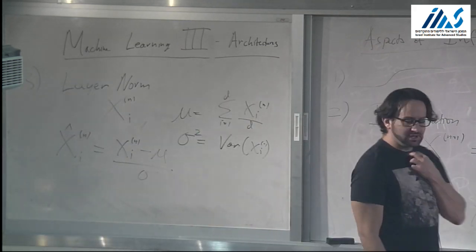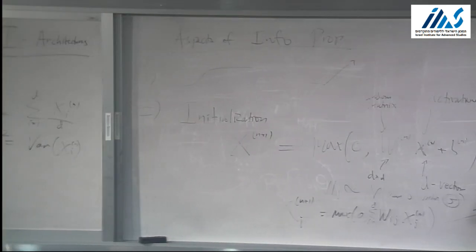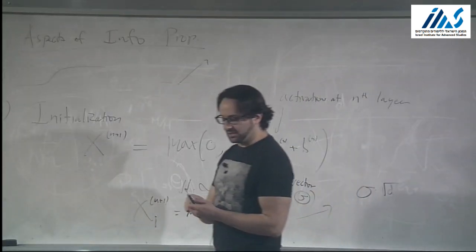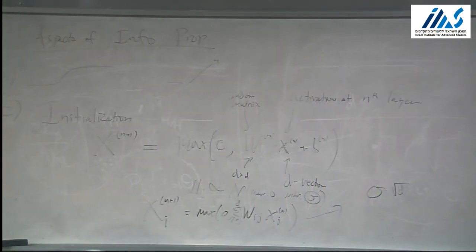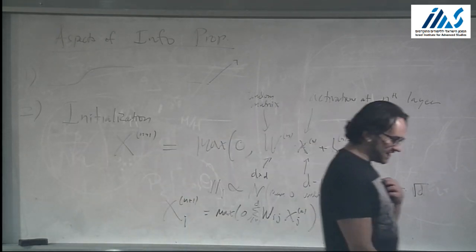Performing this operation, you can basically view this as a way of changing the activation function. The activation functions that we've been using, this max(0, x), act component by component. It doesn't use information about component i when determining component j, but we can make that slightly more complicated by subtracting the mean over the layer and dividing by the standard deviation of the layer, and that way we're guaranteed that the distribution of the x's at each layer is reasonable.